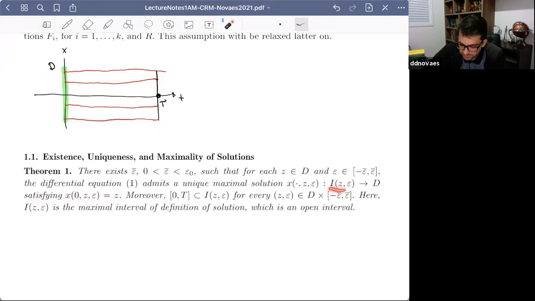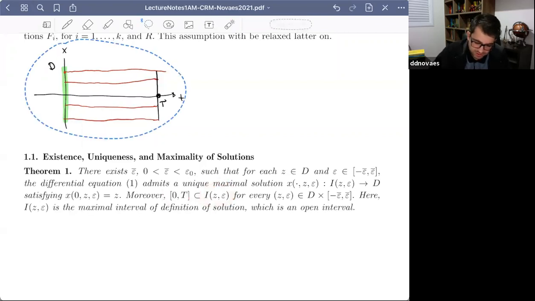This is the Picard-Lindelof theorem about the uniqueness of solution. This interval, E_z of epsilon, denotes the maximal interval of definition of the solution. It's always an open set. In addition, this epsilon bar can be taken sufficiently small so that the closed set [0,T] is contained in this open maximal interval of definition.